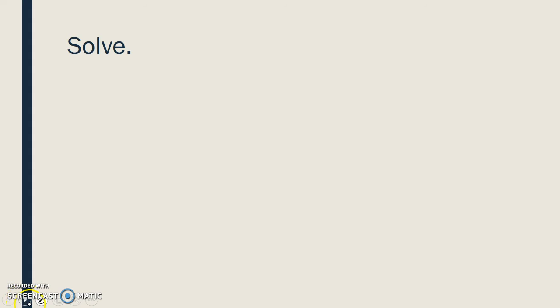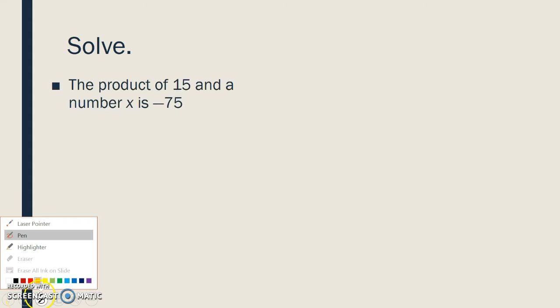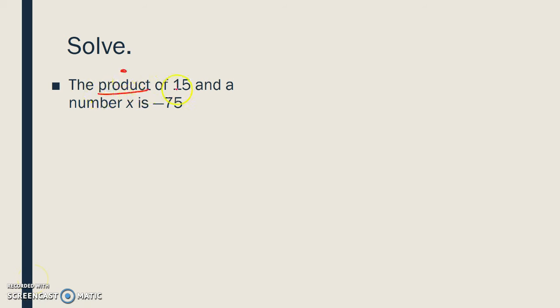Our next ones, again, we are going to have to translate these first and then go from there. So the product, that's multiplication, of 15 and a number x is negative 75. So I have 15x, or 15 multiplied by x, which is why we get rid of that x sign for multiplication. When they're next to each other, it means multiply.